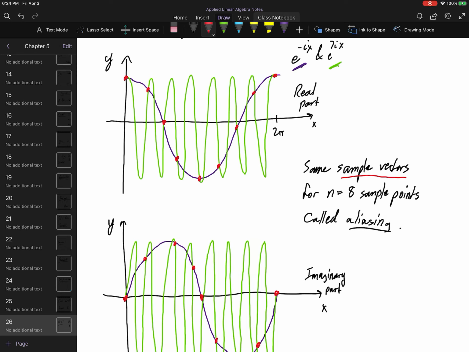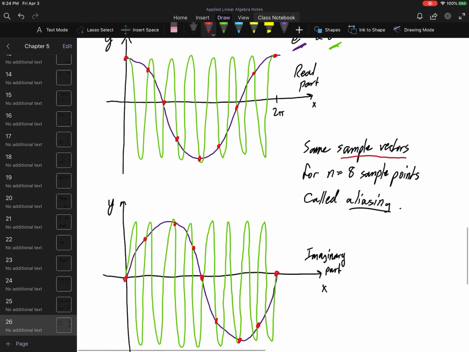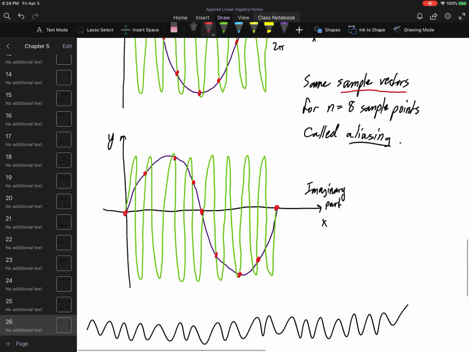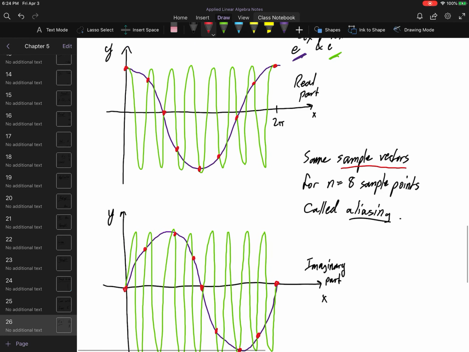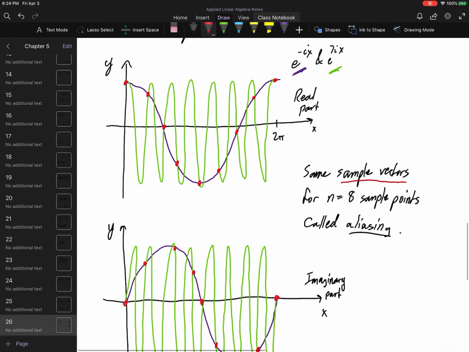This is because you're aliasing at the correct frequency. Things are sampled at the same spots and produce the same outputs, but the frequencies are offset at perfect intervals so that they create the same exact signal.